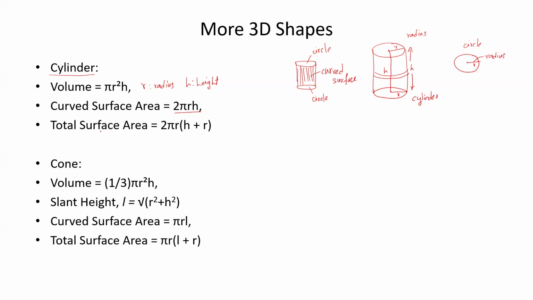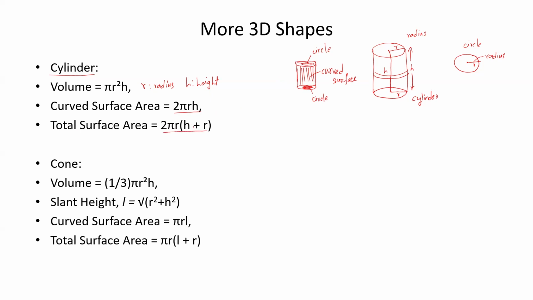Now, then we have total surface area. Total surface area means this curved surface as well as the circular parts. So total surface area will cover everything: this plus this plus this. And it is given by 2 pi r h into (h plus r). So these formulas you have to remember. Okay.